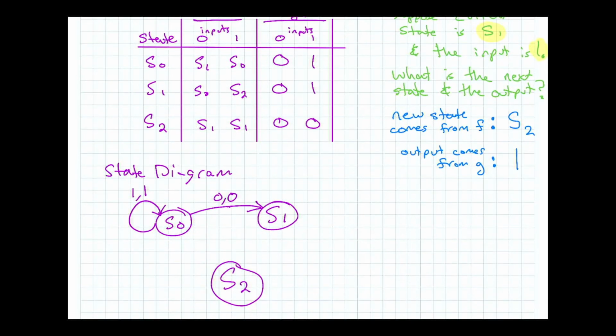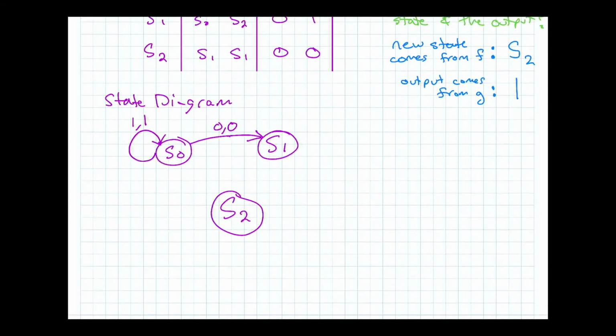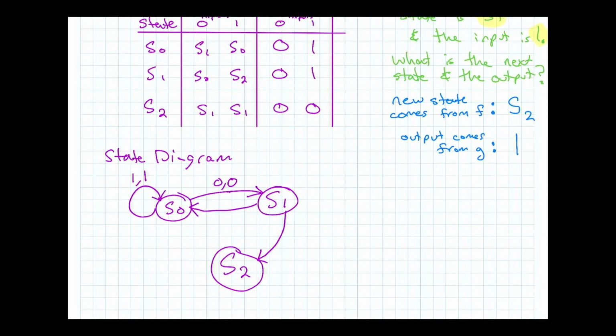Next row. Now the current state is S1, and it can go to S0 or S2. So I'm going to draw both of those arrows, for S0 and S2. Now, what are the inputs that do that?